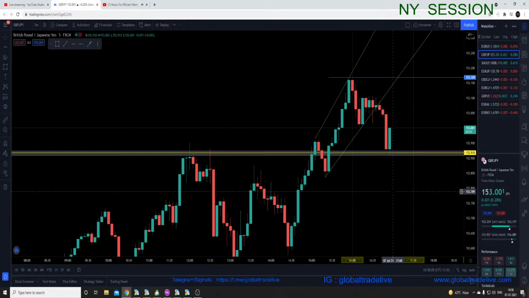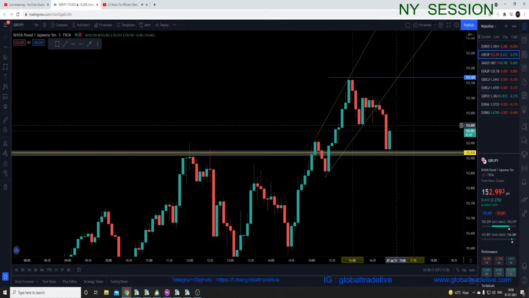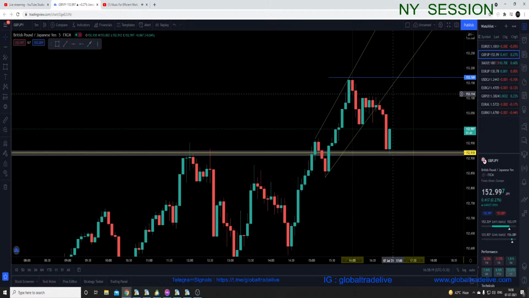Look, this was the rejection I was talking about. It's going up again. I think it will be tapping this area over here, and if it crosses that area, then it should be moving up.